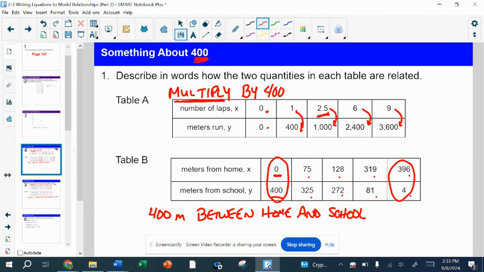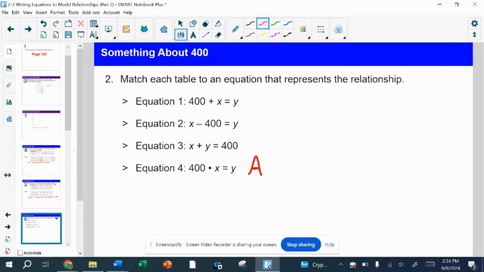If you just measure the distance that you are from home and the distance that you are from school, that total should be 400 meters each time. So looking at these three equations that are left, I want to know which one says that if I add up the distance from home and the distance from school, I'm going to get 400 as a total. That one has to be equation 3.